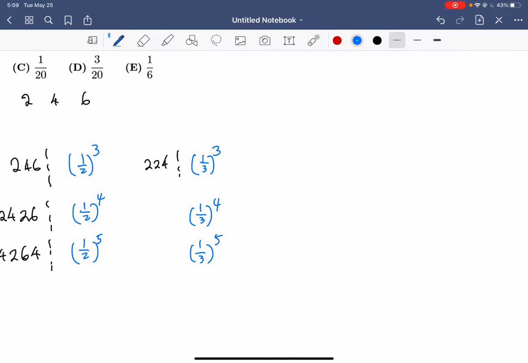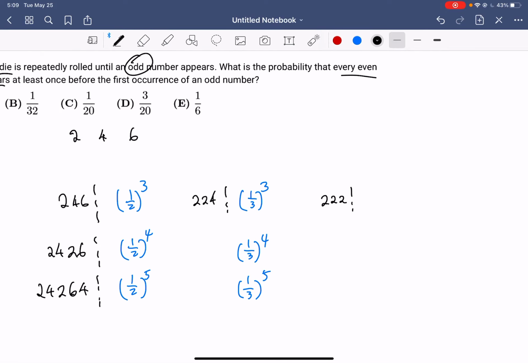And the last case, which does not fit either, would be 2, 2, 2, all of the same numbers. As you can realize, this case is included in the previous ones. In this case, there are 3 cases like that, because there can be 2 and 4, there can be 4 and 6, there can be 2 and 6.